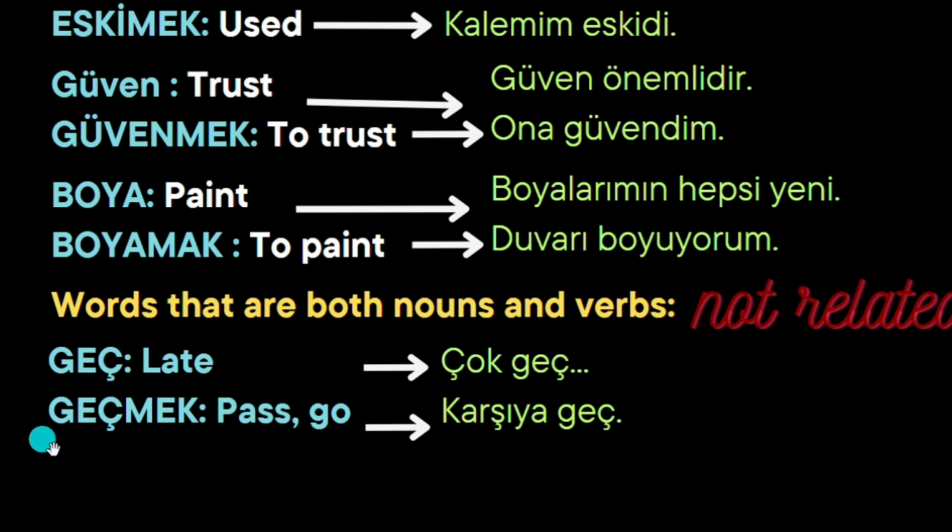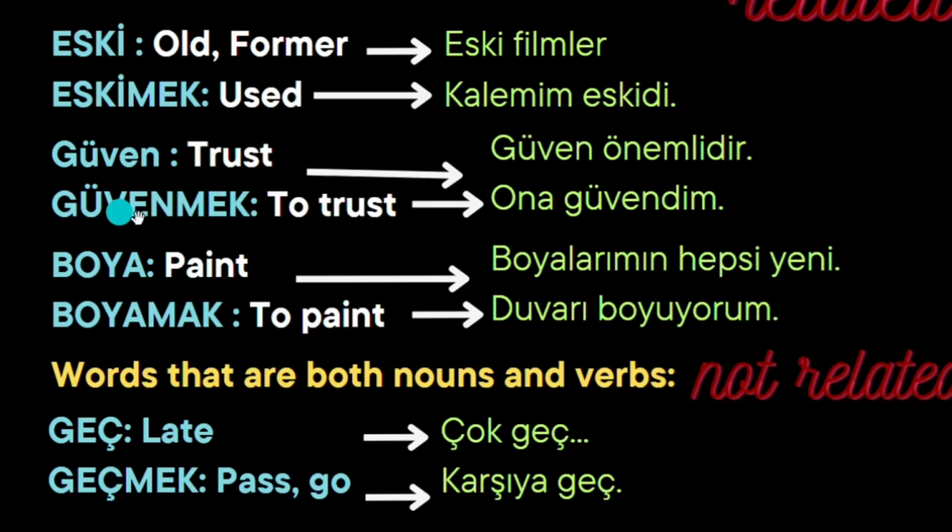But as a verb form, geçmek means go or pass. Karşıya geç. It means cross the street. Well, is there any relation between it's too late and cross the street? No.